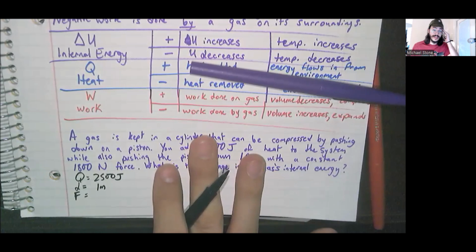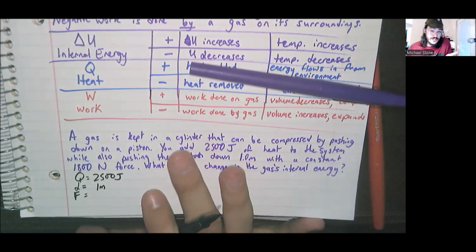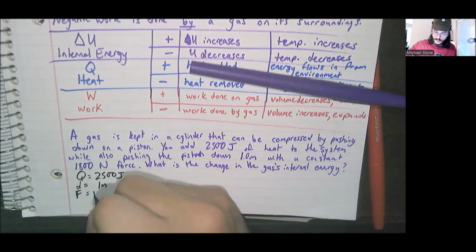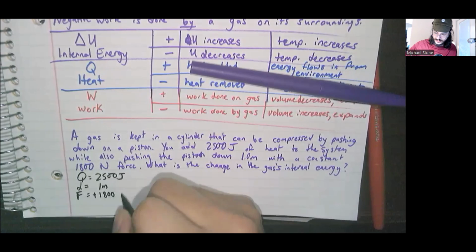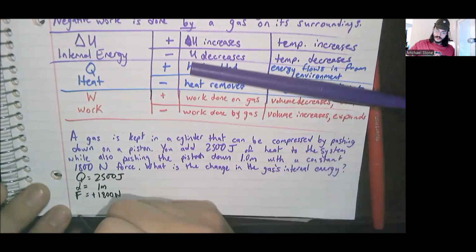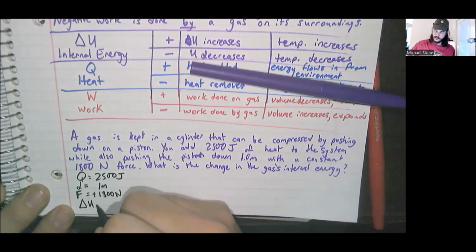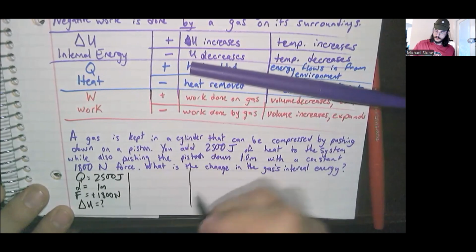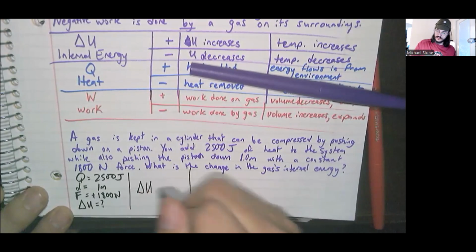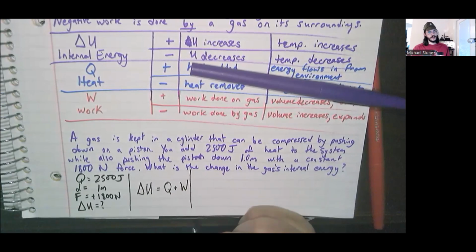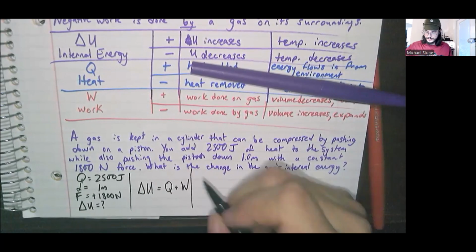Now, when we were doing mechanics, down was conventionally negative, but look here. We're doing work on a gas. We must be pushing it in the positive direction. And we want to know delta U. We know that energy is conserved, so the heating and the work are not creation, but rather transfer.